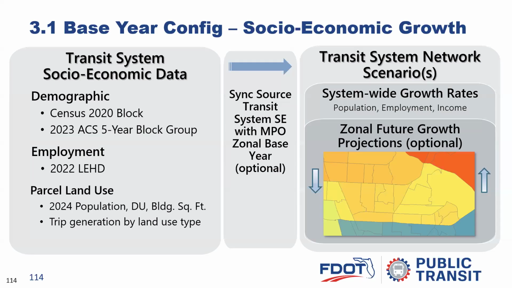In order to start out, though, we have two mechanics going on. One is relative to the base year. The center option in this growth rate profile is to sync the transit system SE data with the MPO zonal base year, so that essentially the TBEST base year becomes the same as the MPO base year, because you're basically using the MPO zonal data as control totals at the zone level, and then using that to update the transit system SE data so they match on a zonal level.